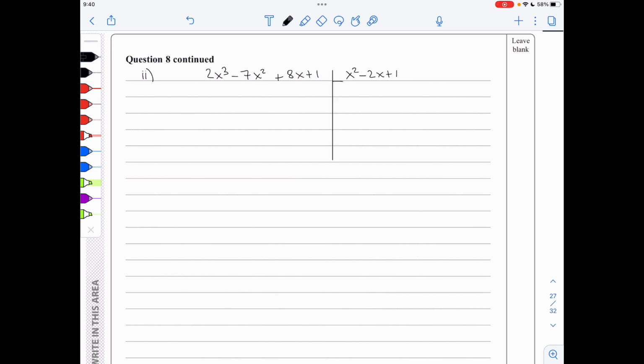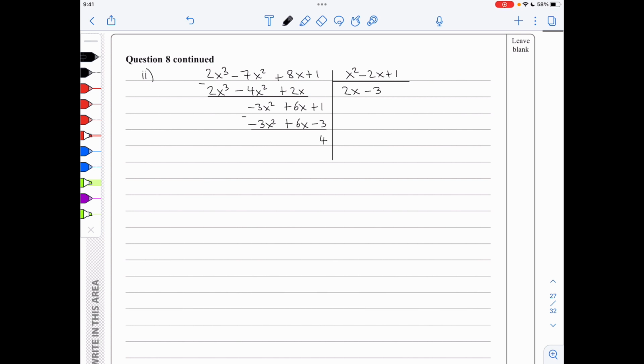So we're always trying to match the highest order term on the left. I start with a 2x, so it's 2x cubed minus 4x squared plus 2x. I deduct everything. I get minus 3x squared plus 6x plus 1. So minus 3 will give me minus 3x squared plus 6x minus 3. So I've got a remainder of 4 here.